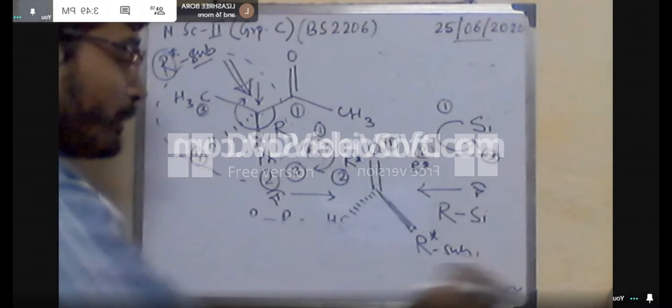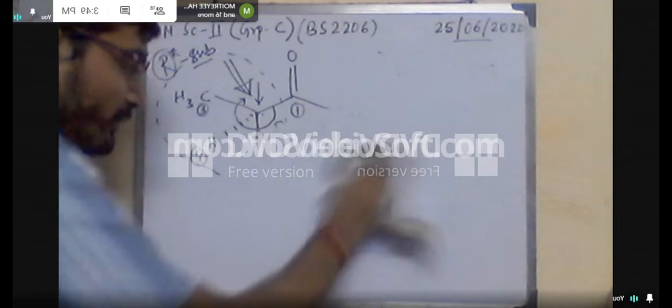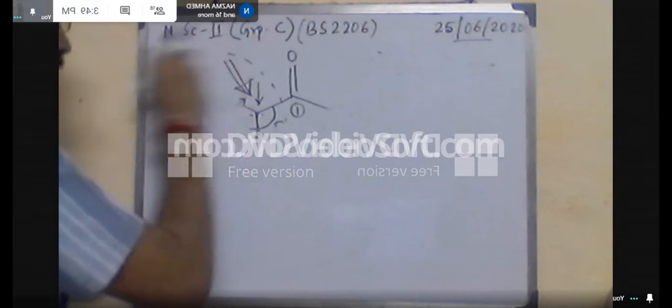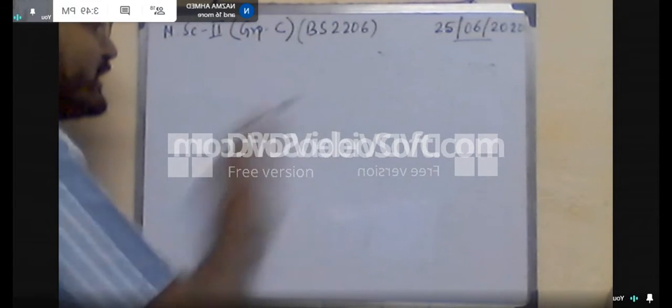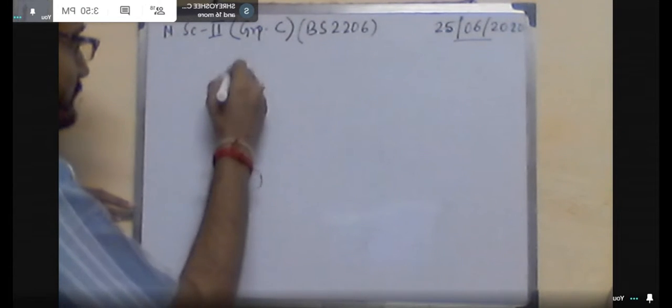So in the carbonyl system, C double bond O, this is a planar system. Say this is the R and this is the R prime. Now as a whole plane, this R is towards the viewer and this R prime is away from the viewer. Now here the nucleophile, we know this is the electrophilic center.